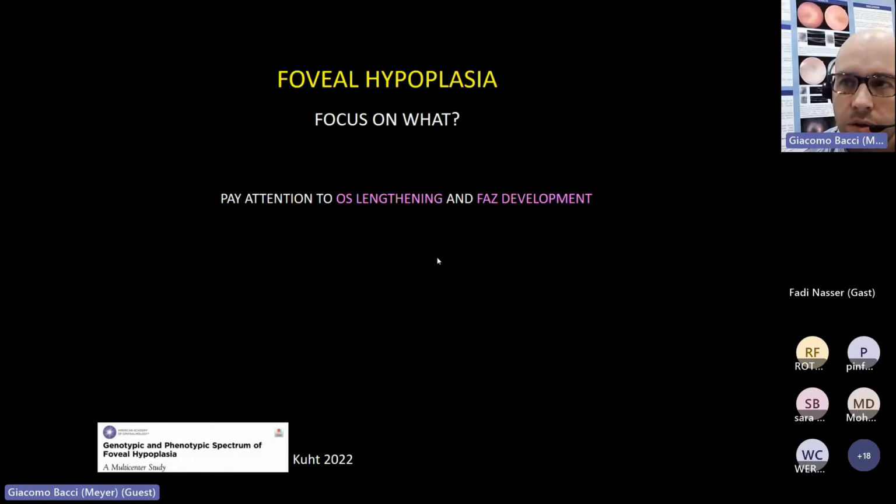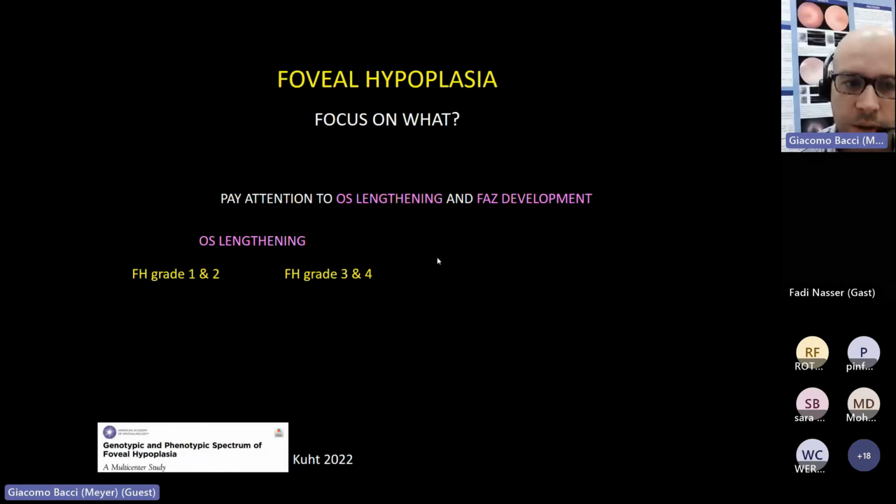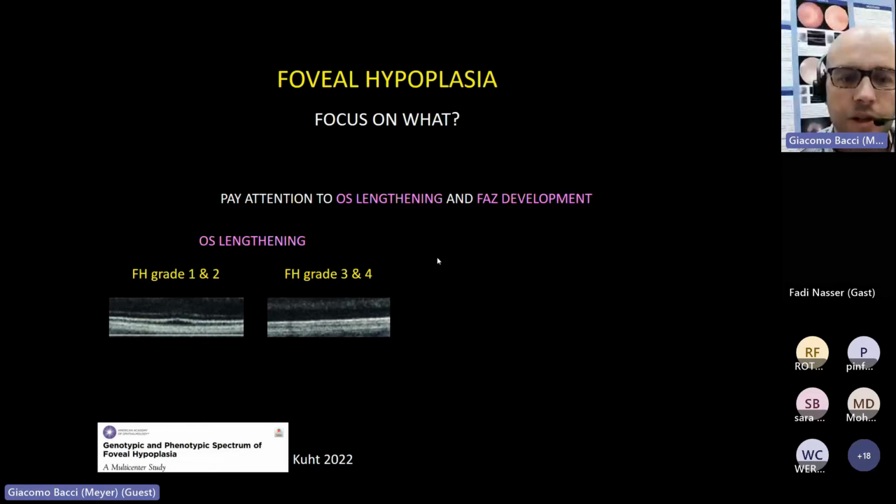And also, the other anatomical landmarks, like the outer segment lengthening and the foveal vascular zone development, are something to put the attention on. Because the outer segment lengthening is actually the big difference between grades 1 and 2 and grades 3 and 4 of foveal hypoplasia.